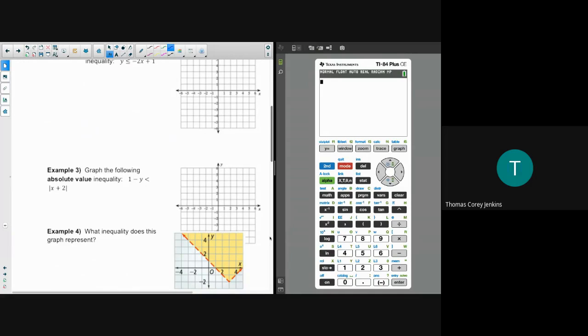This one is not in, quote unquote, slope intercept form, per se. I'm going to rewrite it just so it's all together. So it's 1 minus y is less than the absolute value of x plus 2. So we want to get y by itself, get it in slope intercept form.